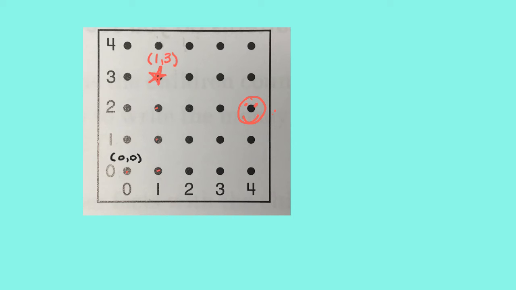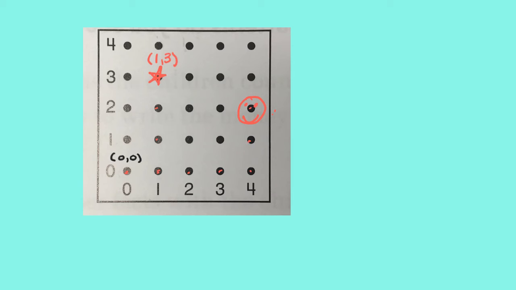How far to the right will I need to go to get to the happy face? Let's count. If we start at the origin, 1, 2, 3, 4. 4 spaces. Now how far will I need to go up? 1, 2 spaces.